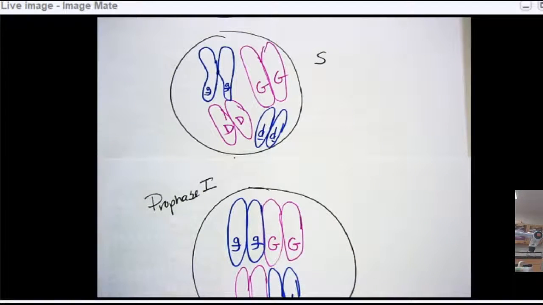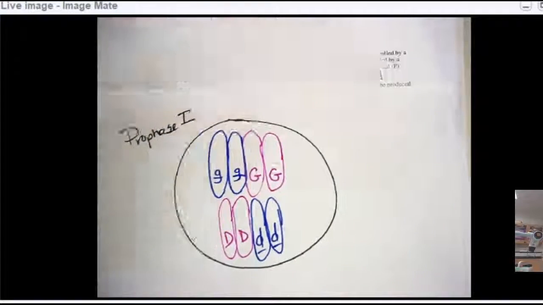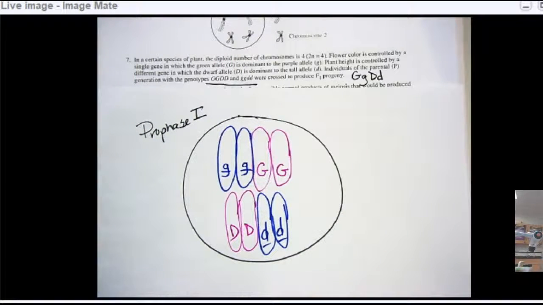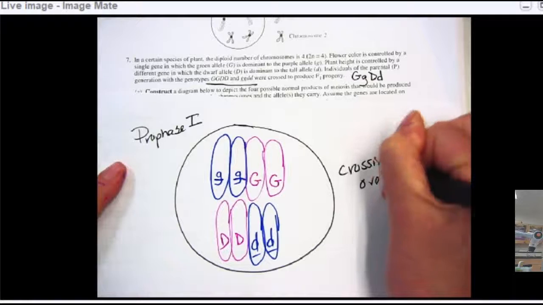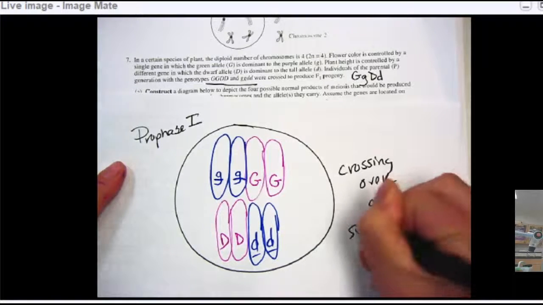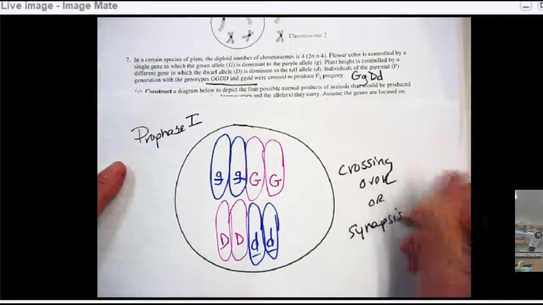What happens in prophase 1 that will shuffle my alleles? Crossing over. Another word for crossing over is synapsis.